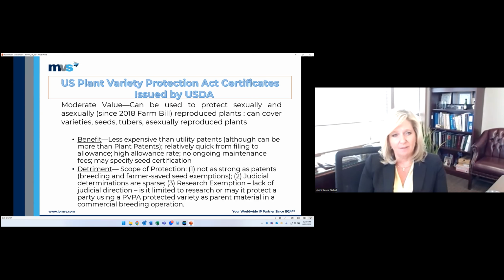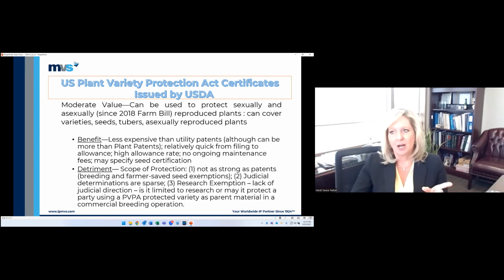They do not break even on a utility patent until the second maintenance fee is paid. Whereas with a PVP, you pay for everything up front, and it is a direct cost recovery. So PVPs can be initially at least as expensive, or perhaps more expensive, but close to as expensive as a utility patent.